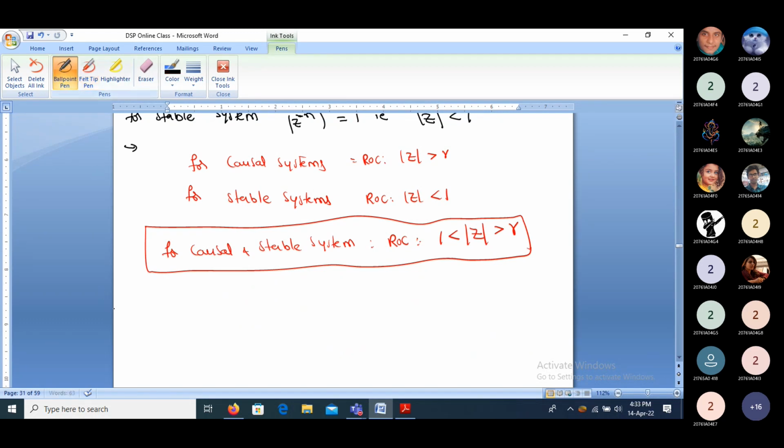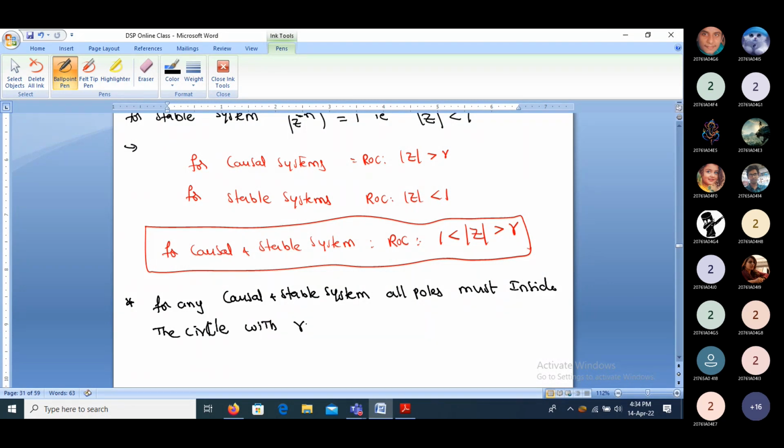So finally we can conclude that for any causal and stable system, all poles must be inside the circle with radius R equal to 1.